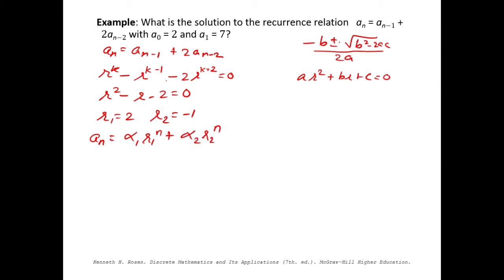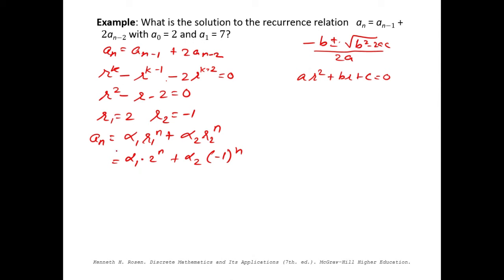So, in this equation, if you substitute the values of r1 and r2, that is alpha 1 into 2 raised to n plus alpha 2 into minus 1 raised to n.